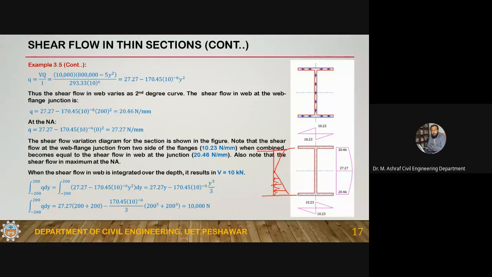Let's suppose one is tension, the other one is compression. You have maximum value at top and bottom.